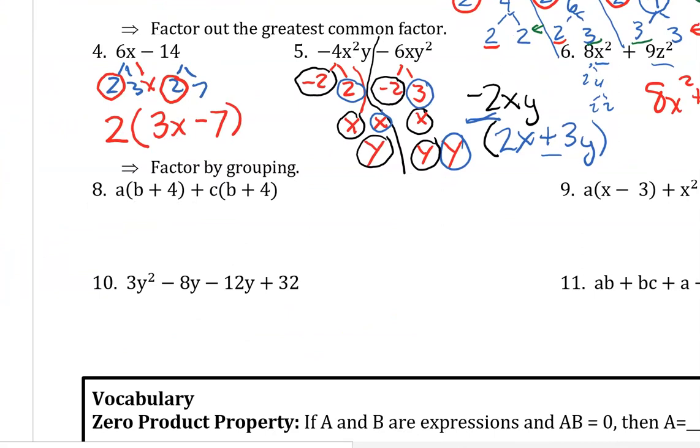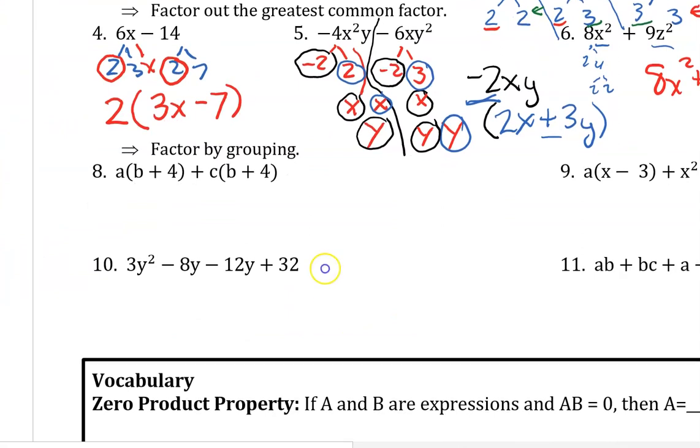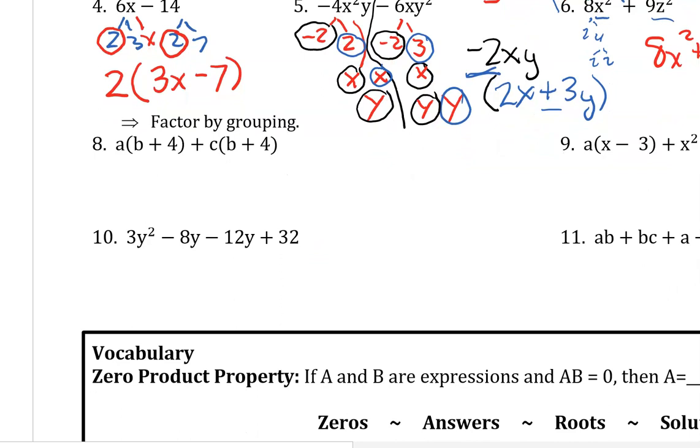Factor by grouping. Factor by grouping, the process asks you to find a common factor that we can take out of our expression. Here I have a common factor of b plus 4. And what's that being multiplied by? Well, in the first term, it's being multiplied by a.